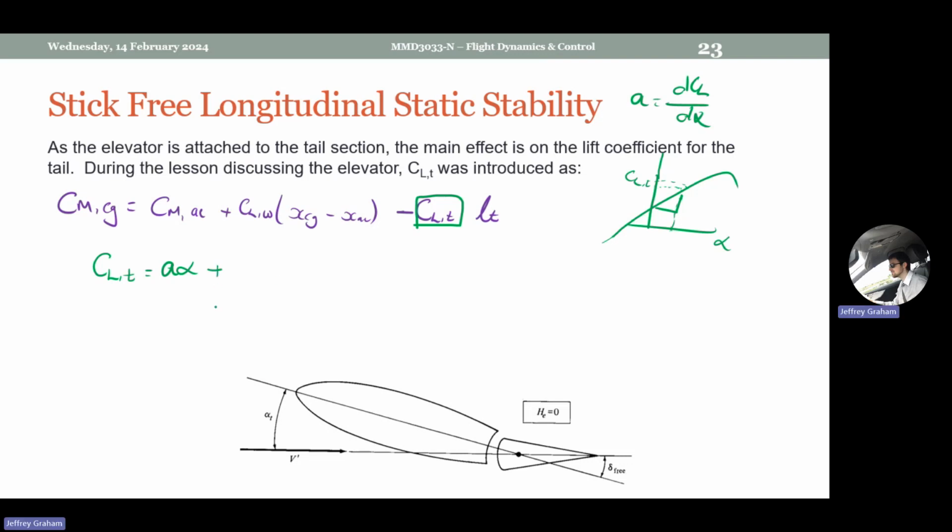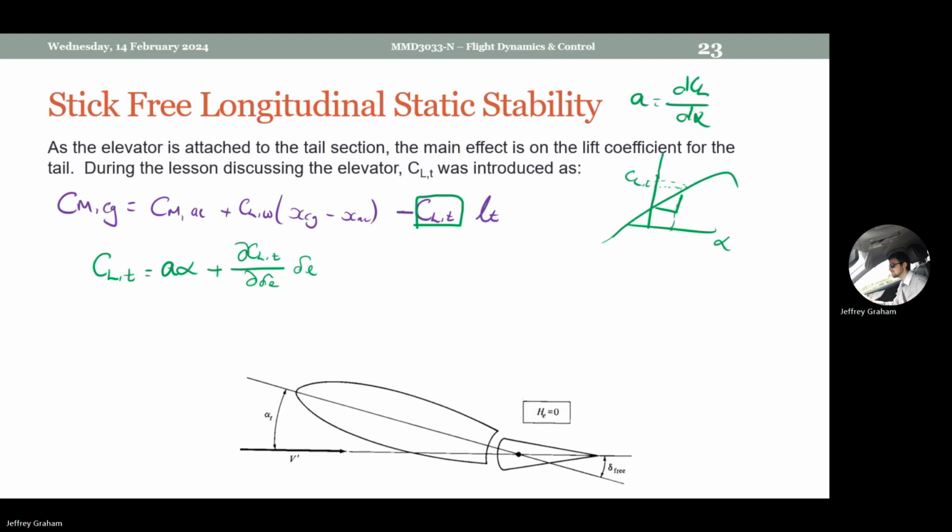Right. We then introduce the fact that the CL value can change based on the elevator deflection. That basically is the angle of attack part, only obviously it's fixed in this sense initially.